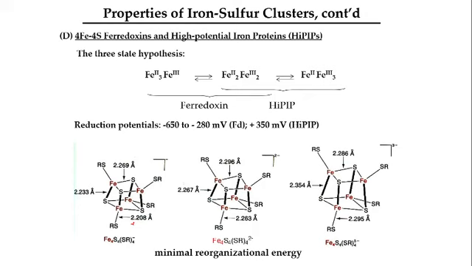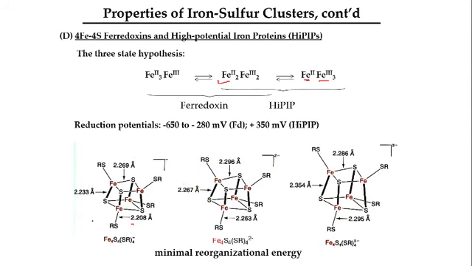First, 3Fe having a plus 2 oxidation state and 1Fe having a plus 3 oxidation state get converted to the mixed state, that is 2Fe having plus 2 oxidation state and 2Fe having plus 3, and it gets converted to the high potential iron protein, that is 1Fe having plus 2 and 3Fe having plus 3 oxidation state. This is a ferredoxin. Their reduction potential is minus 652 to minus 280 millivolt.